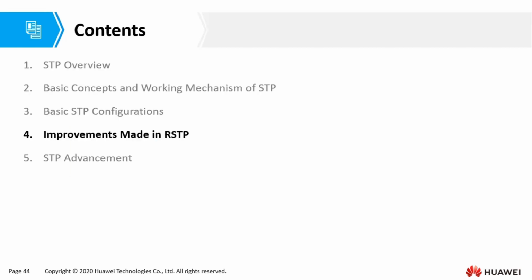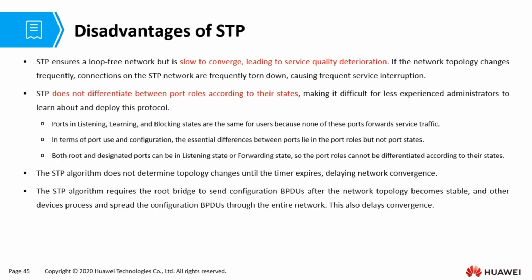Okay, the next step, we are going to see the improvements made under RSTP because of the performance of STP. So they introduced RSTP to enhance the performance of the STP. In STP we know we have five states.